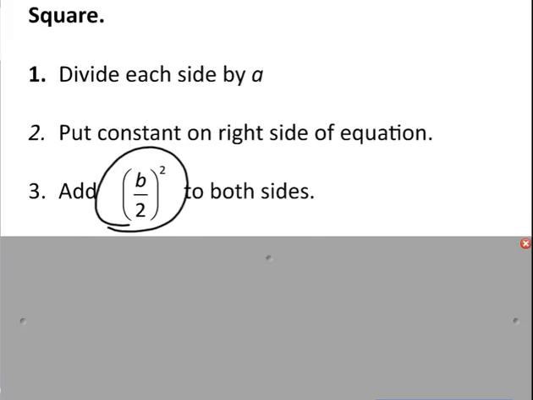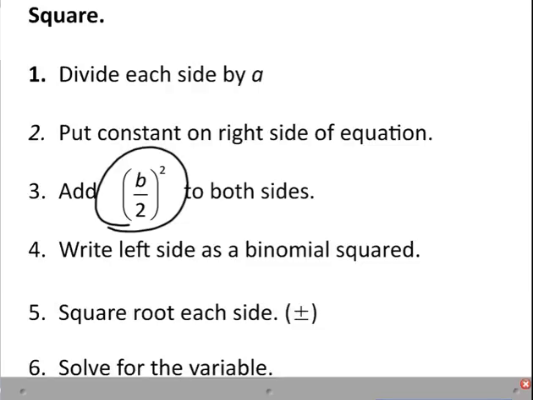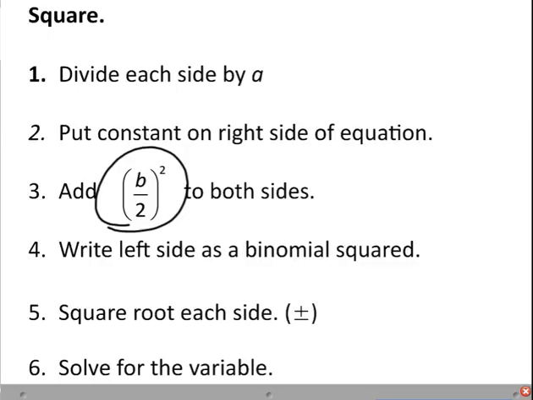The left side we're going to factor it or write it as a binomial squared. Fifth step, we're going to square root both sides. We learned how to do that in the prior section.